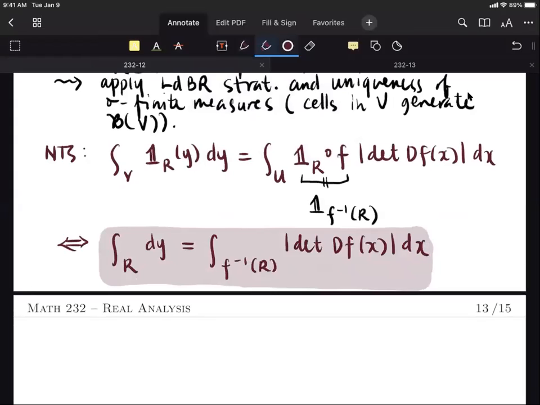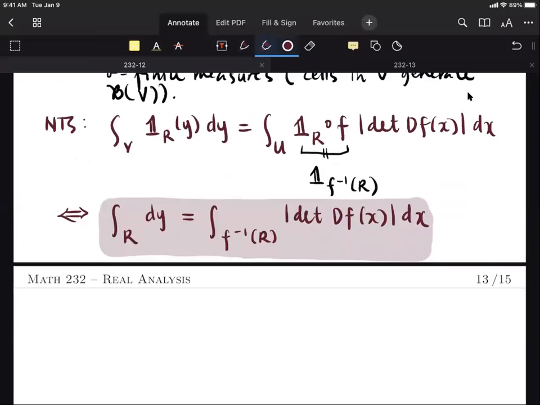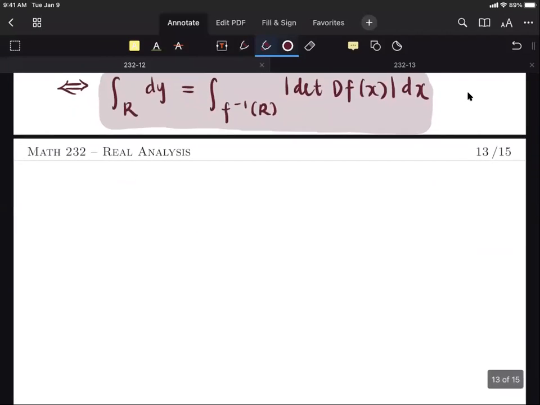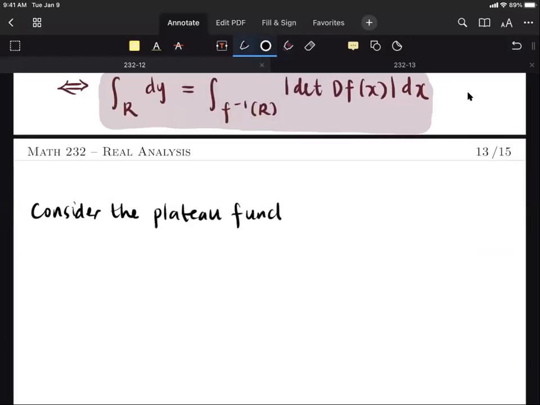So the strategy is to consider the following. So first, let us construct or consider the cutoff function, or I should say the plateau function rho, which is a mapping from Rn into R as follows.